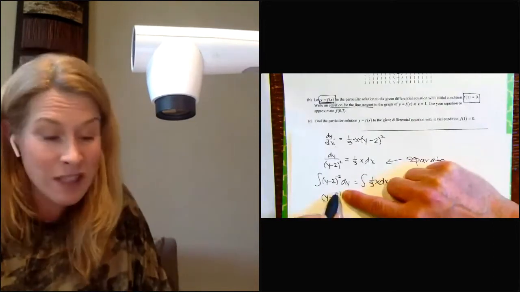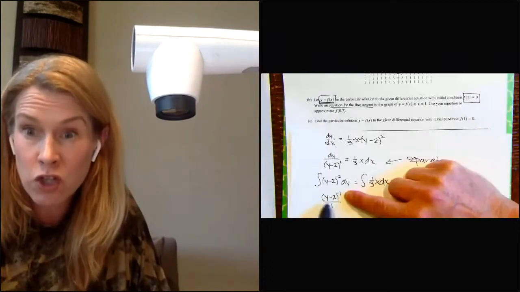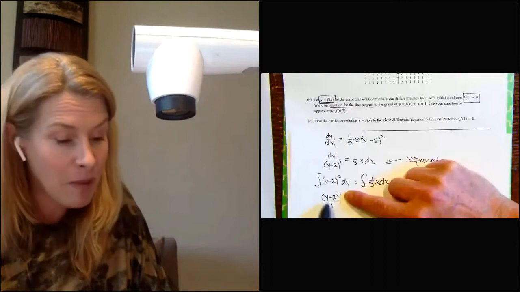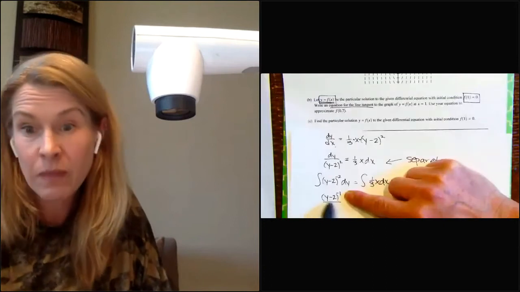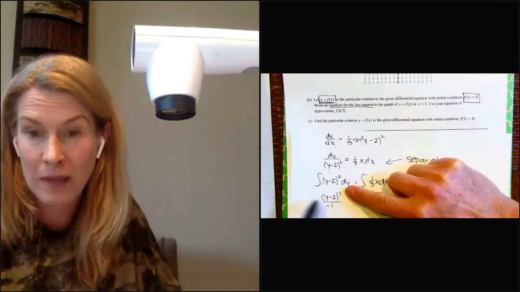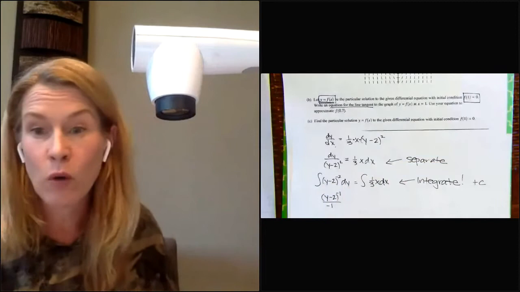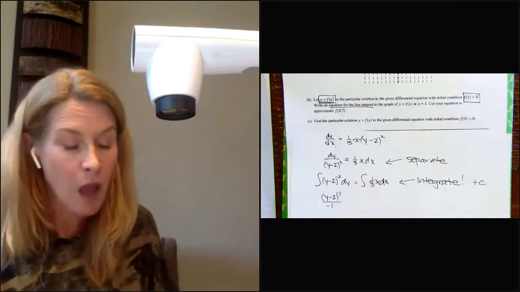And then you want to look inside and ask, do I need to use reverse chain rule? Do I need to divide by the derivative of what's inside here? Luckily, the derivative of y minus 2 with respect to y is 1. So we don't have to worry about any chain rule going on here.